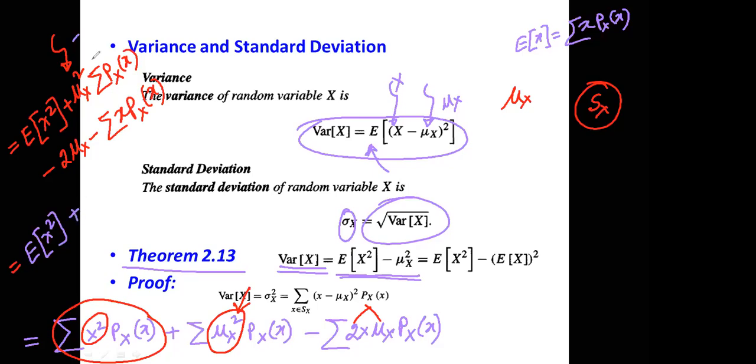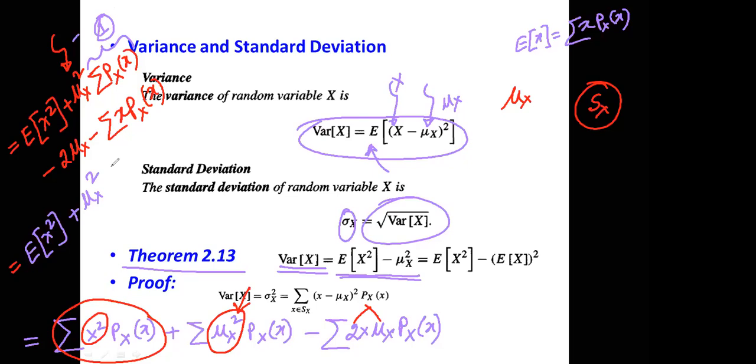Plus, now tell me, what about this one, summation of p(x)? What is this? It is P of 1, because taking all the values of x, all the probability values, this will be equal to 1. So that will become mu x square.